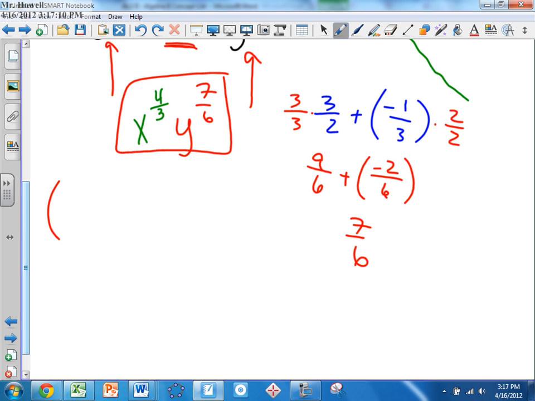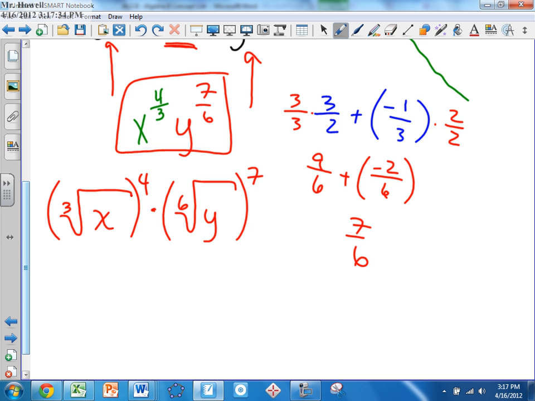Index of 3, the cube root of x, to the 4, times index of 6. So the 6th root of y to the 7. So the 6th root and the cube root there.